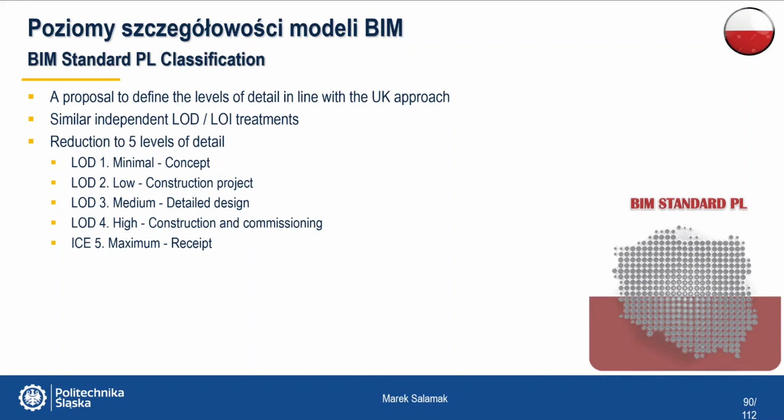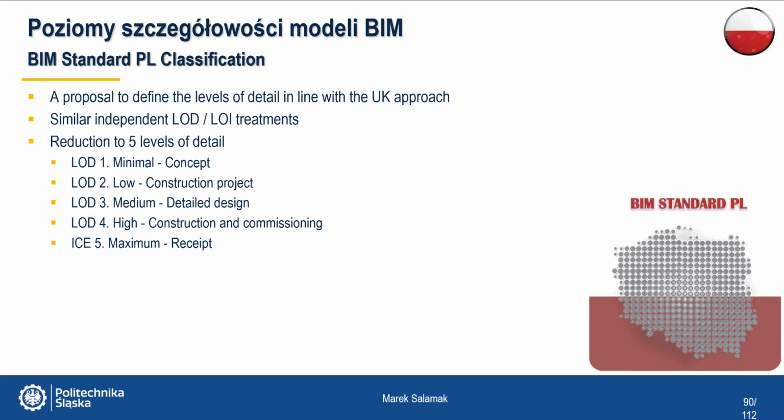The BIM standard PL also provides a proposal for classifying the levels of detail of BIM models. It uses levels of detail in line with the UK approach. It also treats LOD and LOI independently, but the number of levels is reduced to 5 levels that match the next stages of project documentation in Poland.